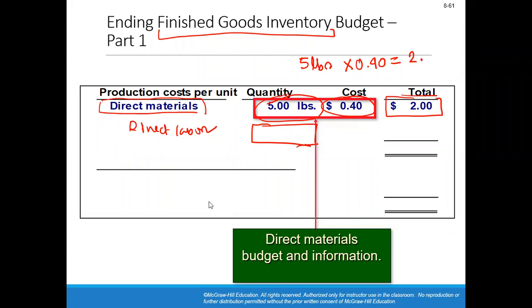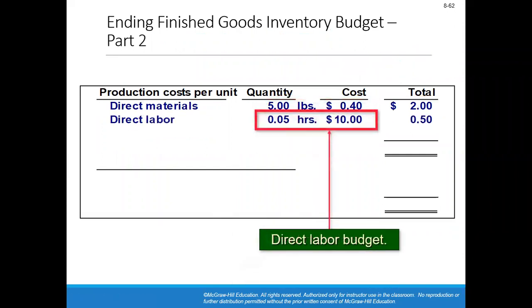You can recall from the direct labor budget, we require 0.5 direct labor hours, which was equivalent to 30 minutes. Okay, it is here. And we also have been given that per hour we pay how much? $10. So if we multiply this, we get the cost for direct labor.